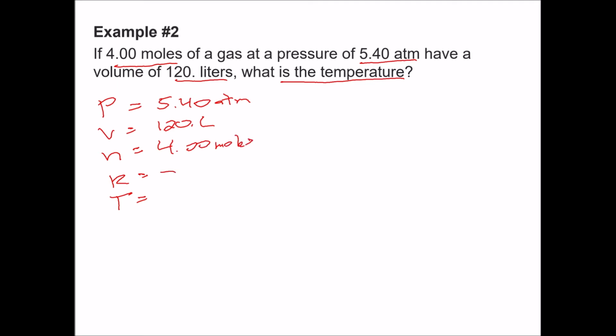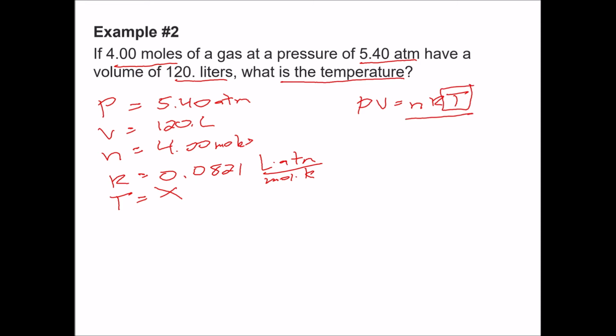My R is 0.0821 liters times atmosphere divided by moles times K. And my temperature is my X. All right, so I'm going to write my expression. PV equals nRT. In this case, I am looking for T, that's my X. So I'm going to isolate my T, box it, and divide both sides by nR.